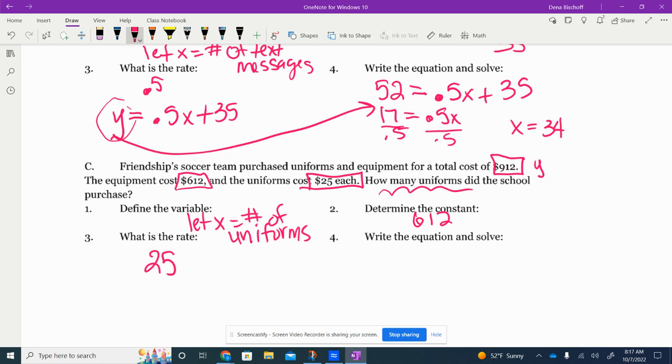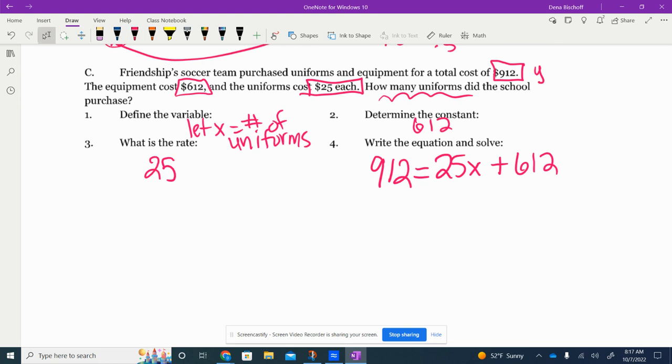So what's that equation going to look like? I'm going to start with the total because I always do. That's how my brain works. 912 equals what? Plus. Perfect. So when I subtract 612 from both sides, I get 300 equals 25x. Divide both sides by 25.